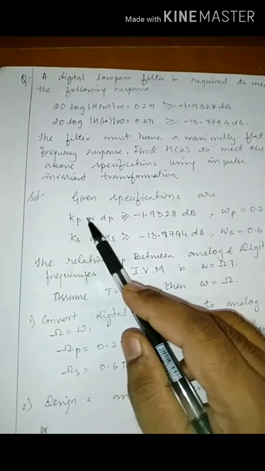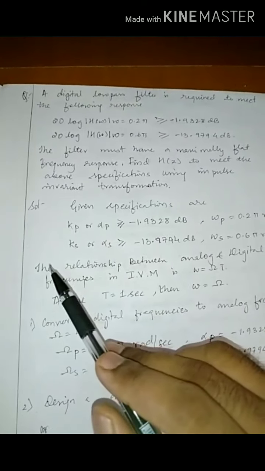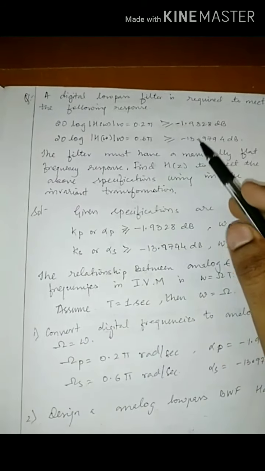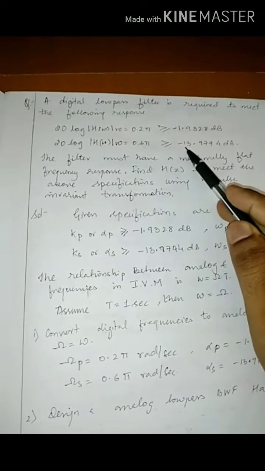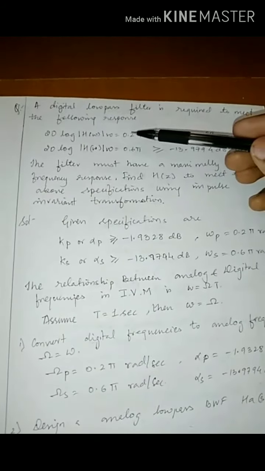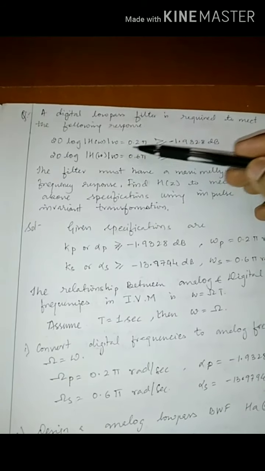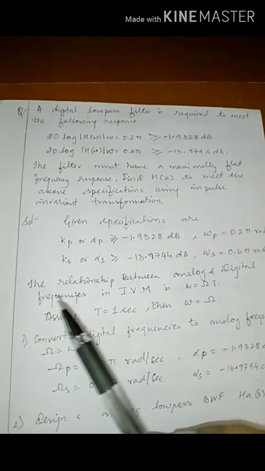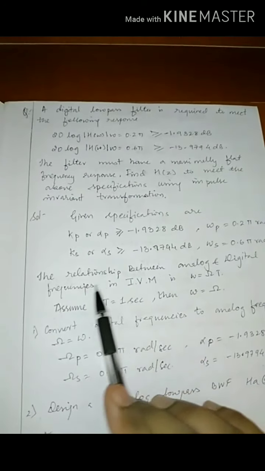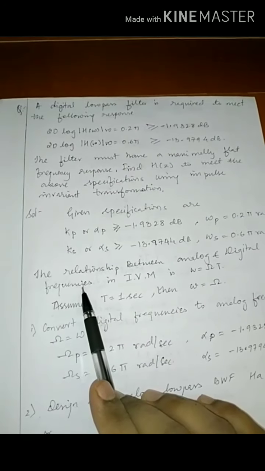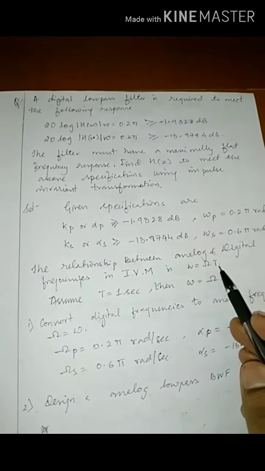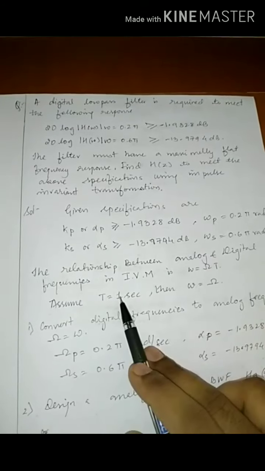In some textbooks they refer to alpha p as k_p. So the value of alpha p is minus 1.9328, the value of alpha s is minus 13.9794, omega p is 0.2 pi, and omega s is 0.6 pi. In this impulse invariance, the relationship between the analog and the digital filter frequency is omega is equal to capital omega T, where the value of T is assumed to be 1 second.